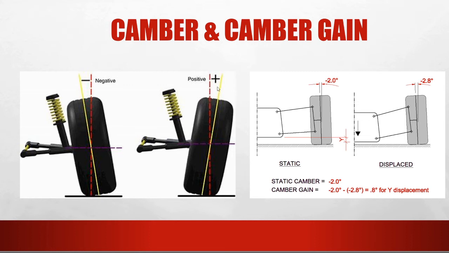When the car is in motion, there is some change in camber due to bump and droop. This is nothing but the camber change. In this figure, we can observe that the static camber is -2 degrees, but when the tire goes in bump or some displacement of the tire occurs, it increases to -2.8 degrees. So there is 0.8 degrees of camber gain.